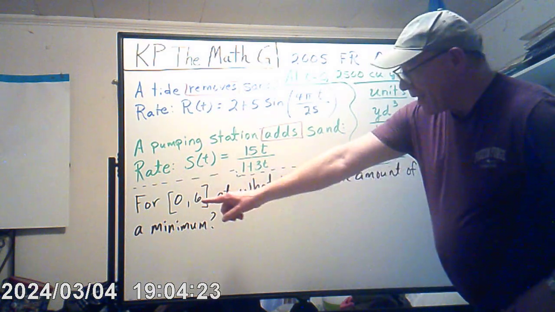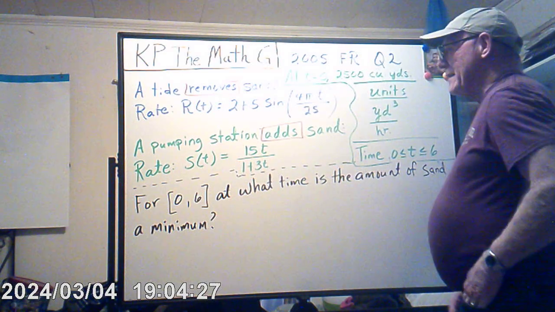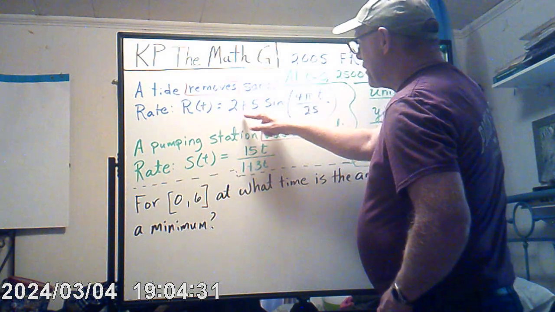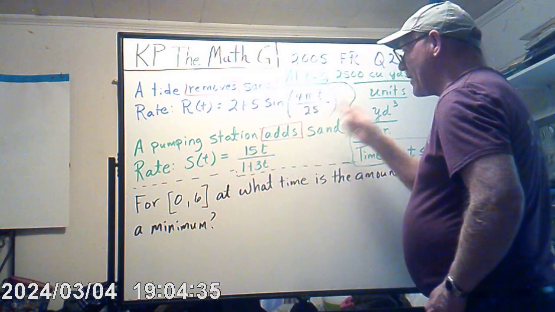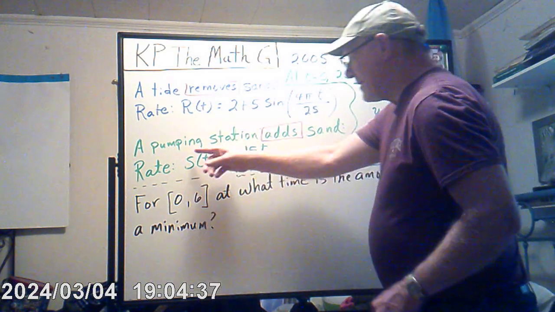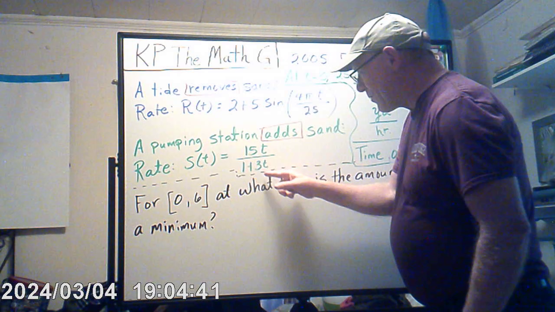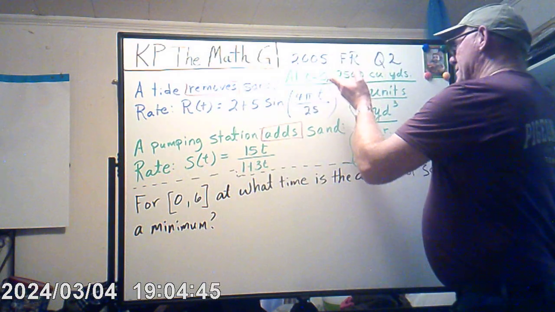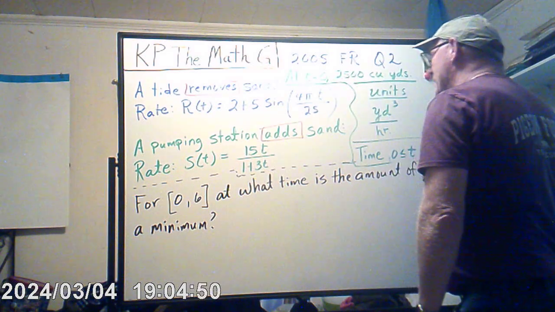Let's look at everything before we get into this. A tide removes sand at a rate of 2 plus 5 sine of 4 pi t over 25. A pumping station adds sand at a rate of 15t over 1 plus 3t. At t equals 0, we have 2,500 cubic yards.